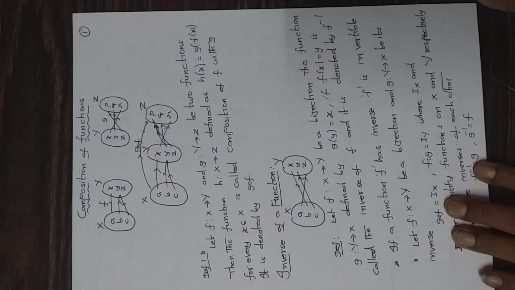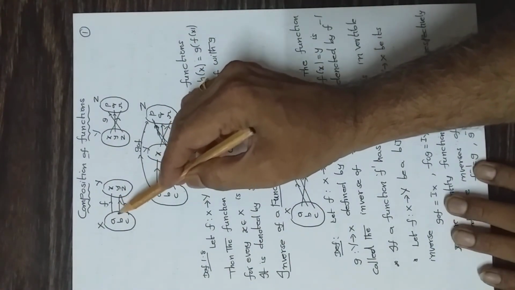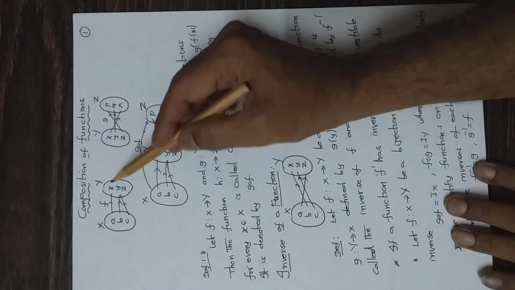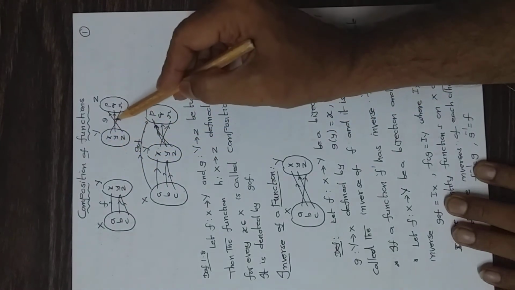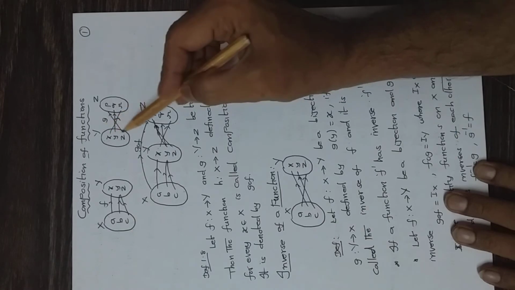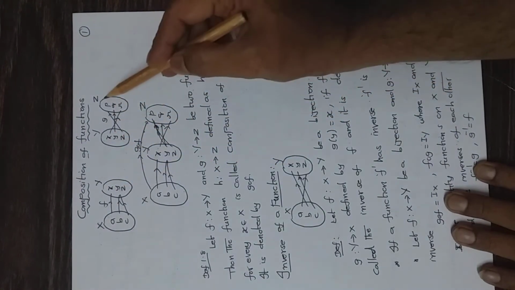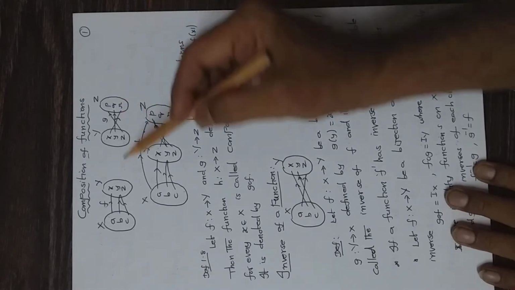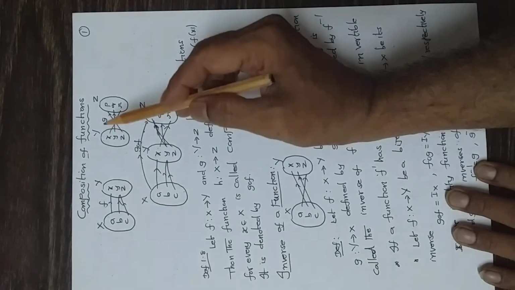So what is the meaning behind this? For example, f is a function containing the elements a, b, c in the domain and x, y, z in the codomain. Now g is another function containing x, y, z, the same elements, and then p, q, r. Here a is mapped with x, b is mapped with y, c is mapped with y.